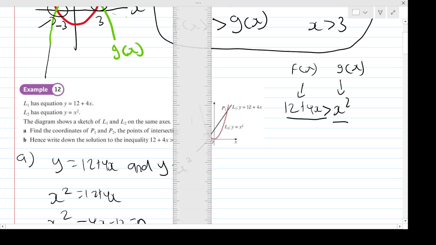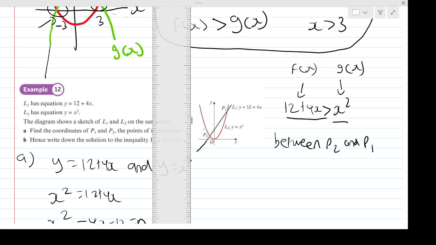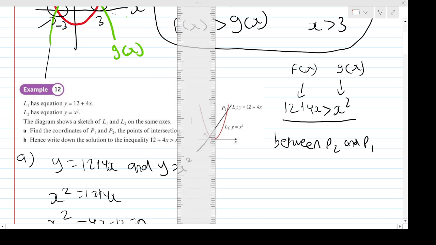So I'm going to say between P2 and P1. So that inequality occurs between the 2 points, where the line is above the curve.